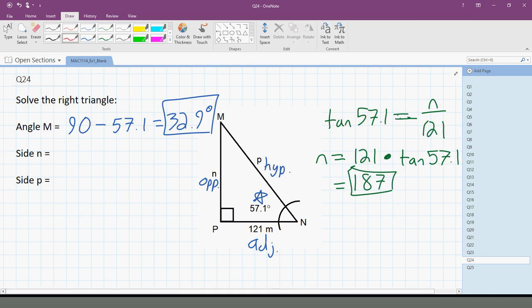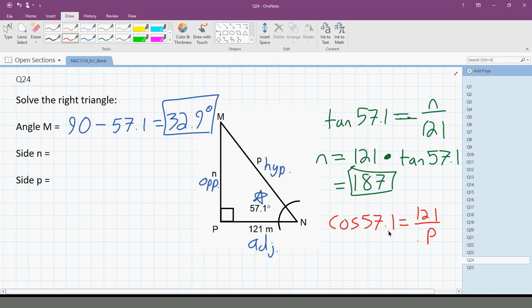And then our next guy, what do we have to use to find the hypotenuse? Cosine, because that's what utilizes the adjacent and the hypotenuse. Cosine of 57.1 is equal to 121 over p. And then what did I tell you that you could do?